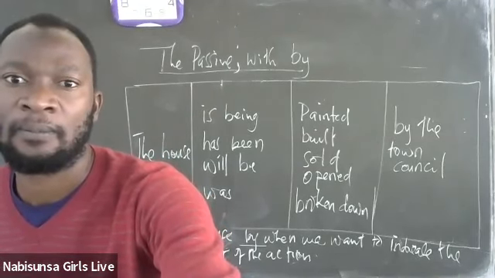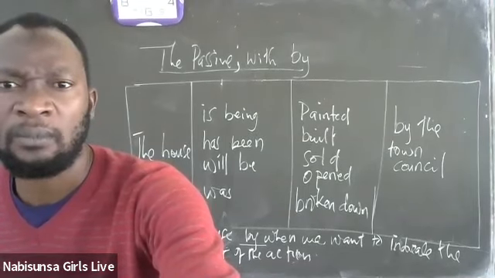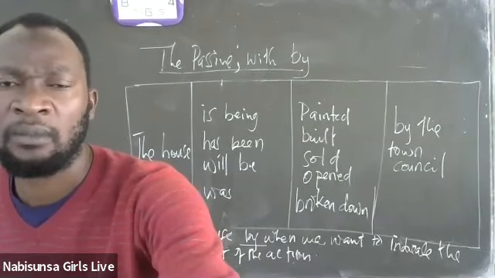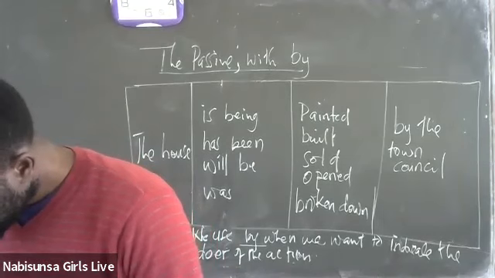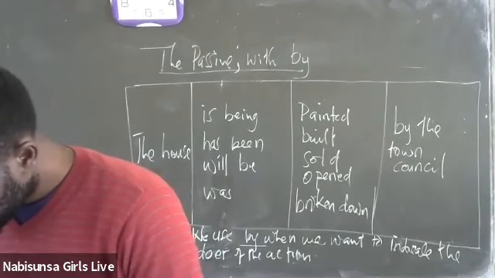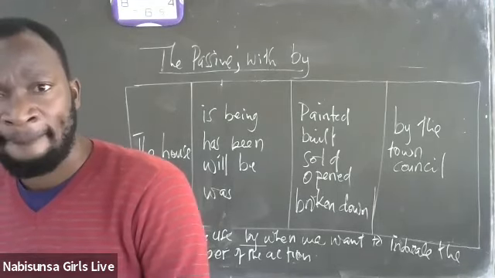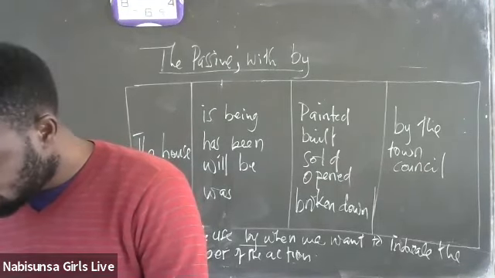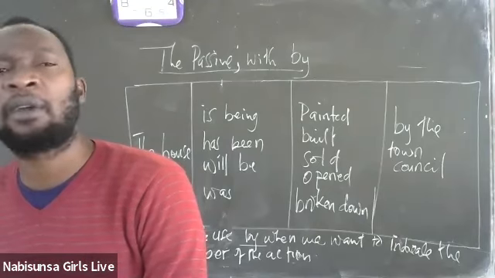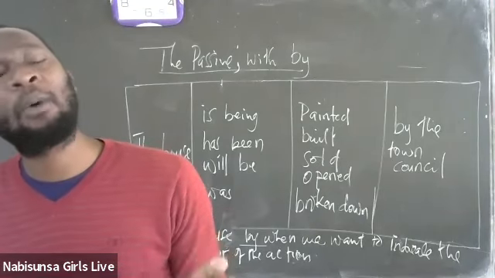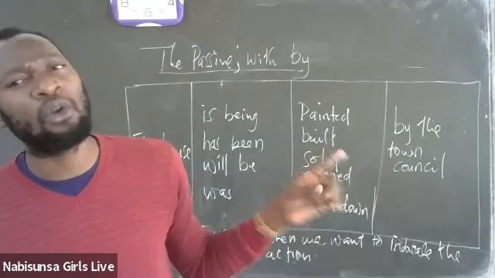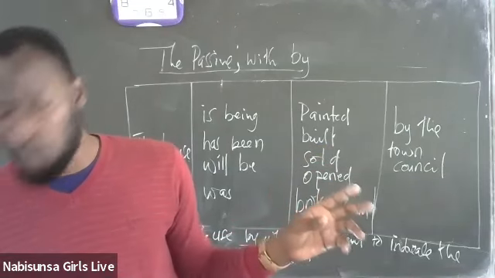No, what I mean, you have said the house is being swept by Sarah now. Isn't it a repetition? Say now, and yet the action is still going on. No, it is not a repetition. Remember, look at the table in the present continuous tense.